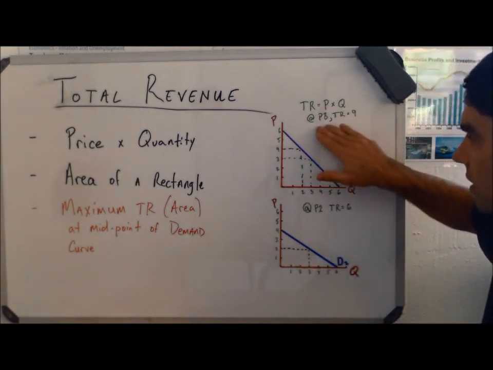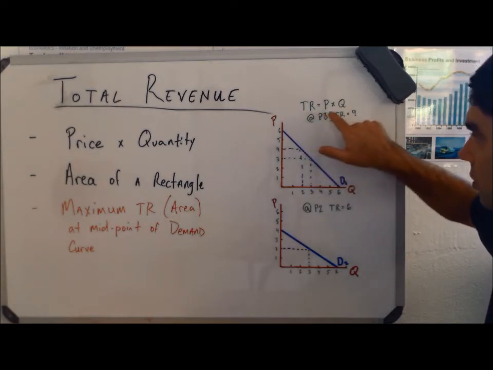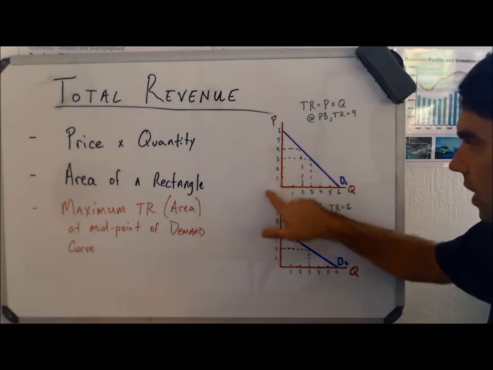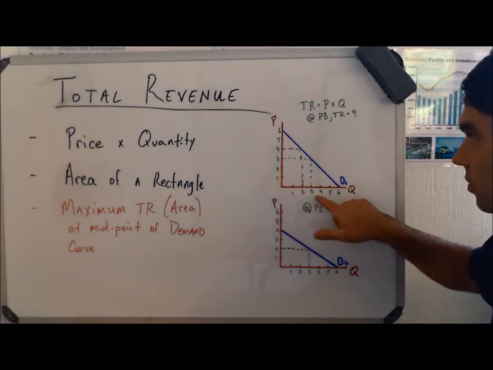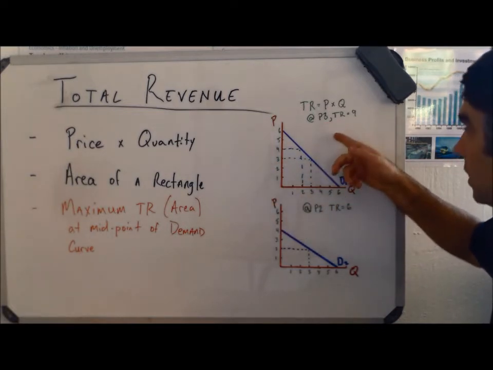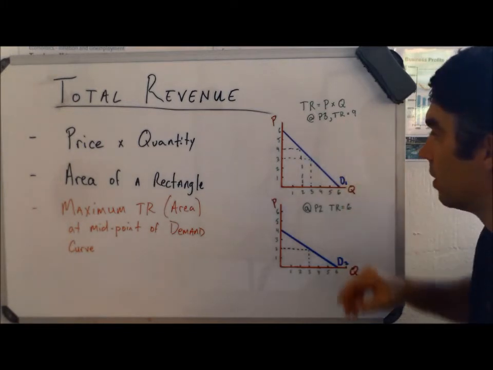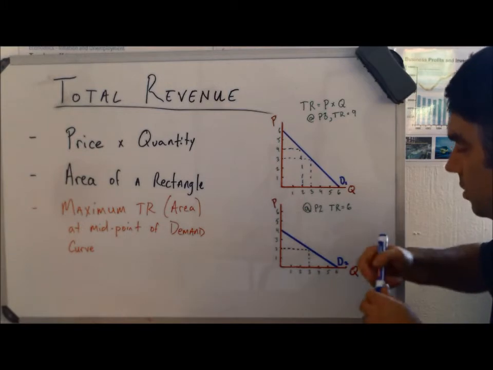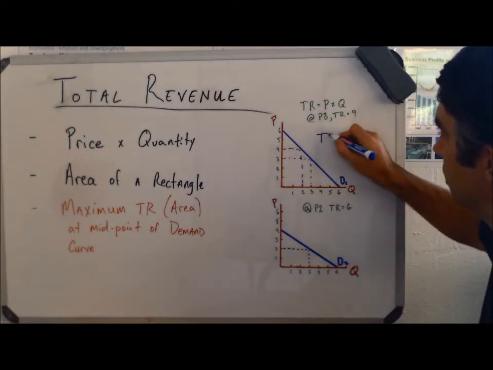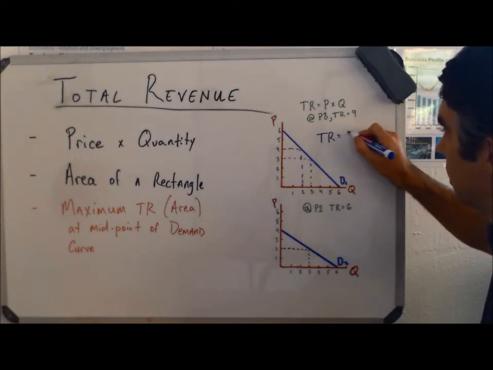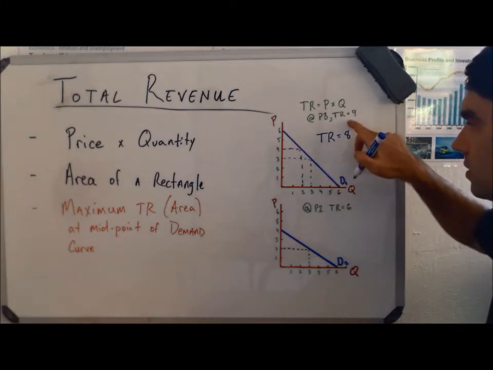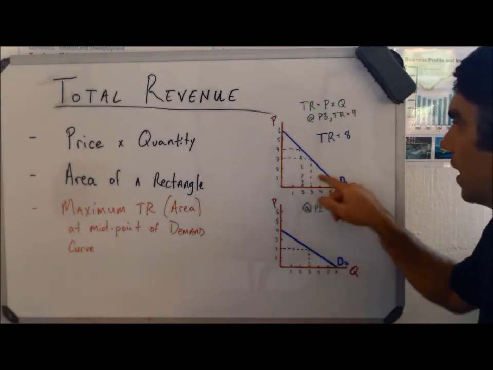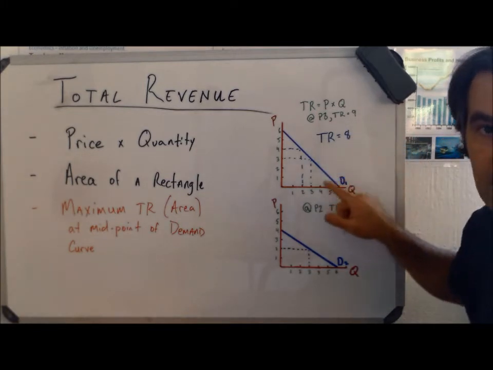The original one I have in here, we see that the total revenue, again, is price times quantity. So it's a height of 3, price of 3, and then a base of 3. So 3 times 3, total revenue of 9. Well, if we look at those two results, the first result was 4 times 2, so the blue had a total revenue of 8, whereas the one that I already had drawn in, the black square, has total revenue of 9.